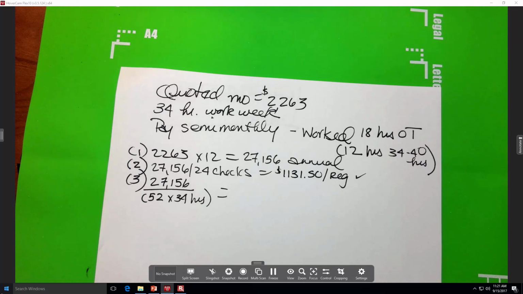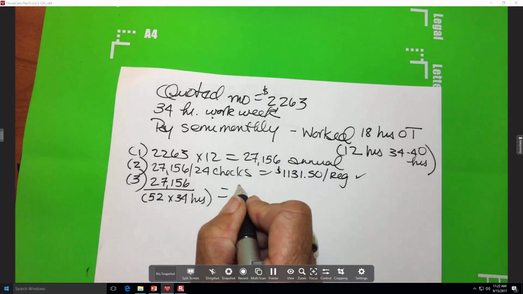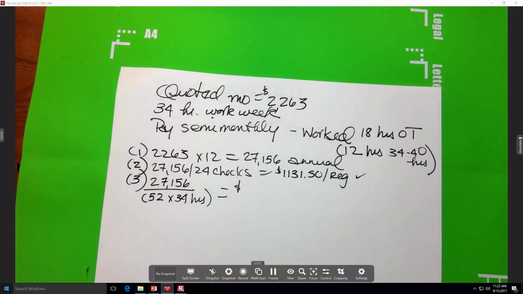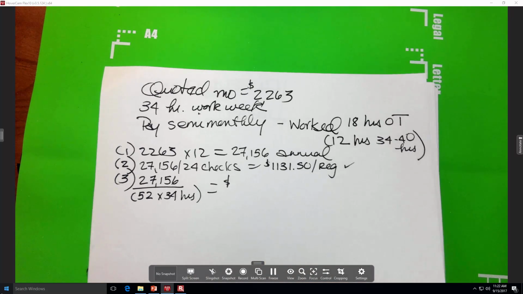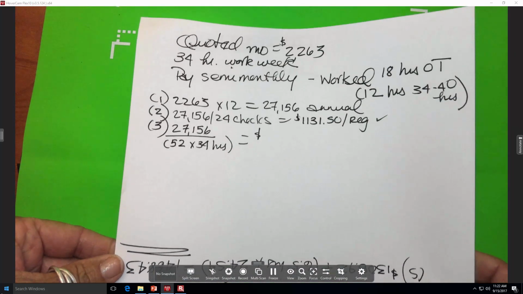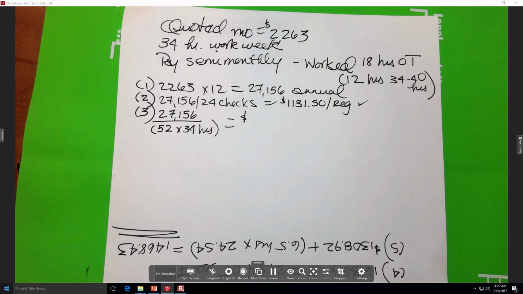$1,768 hours, right? Okay, so $15.36 an hour.